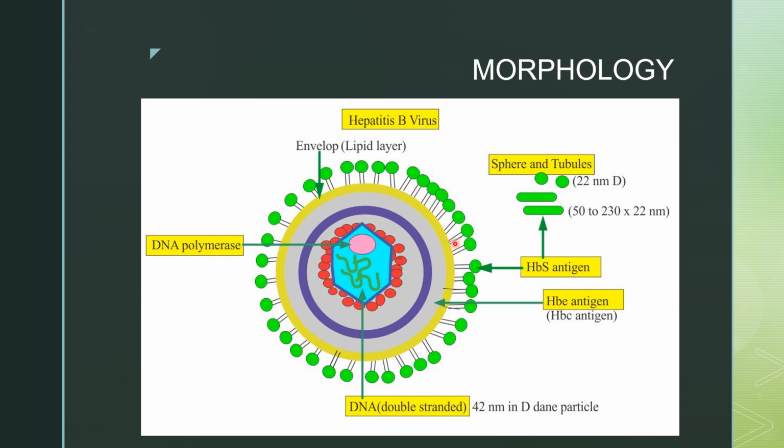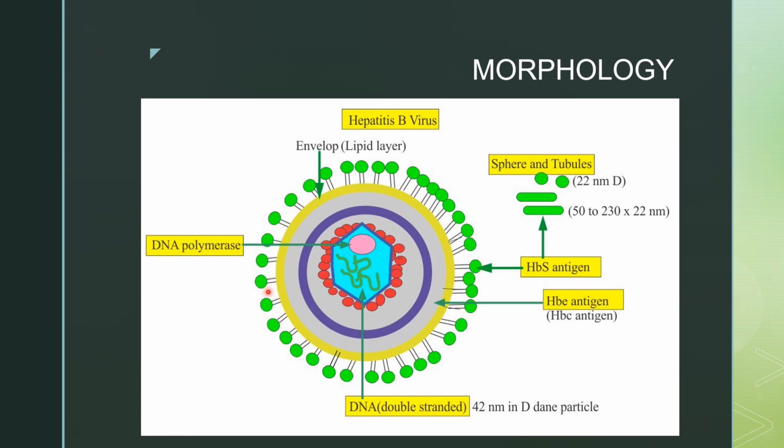So the first thing that we see over here is the spherical part. It is abundant, and this is 27 nanometer as a whole. We have over here the HBs antigen, and then we have the envelope, that is the lipid layer, which is the third portion of the morphology of the virus.